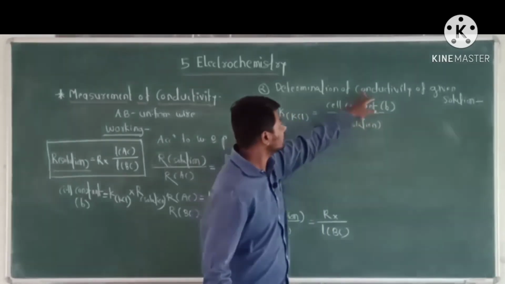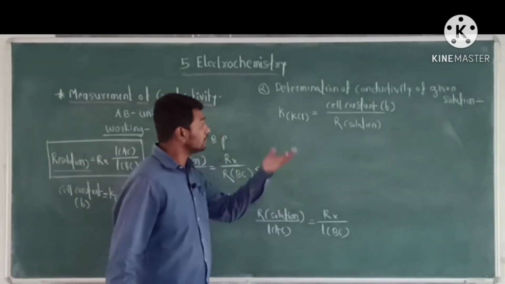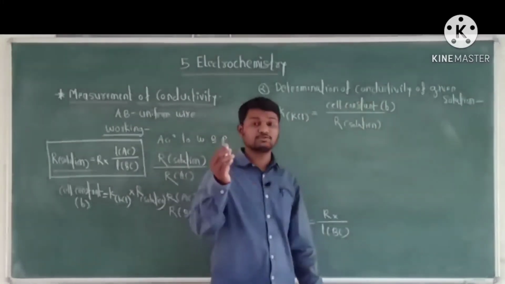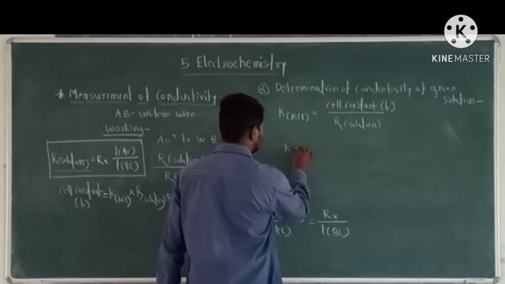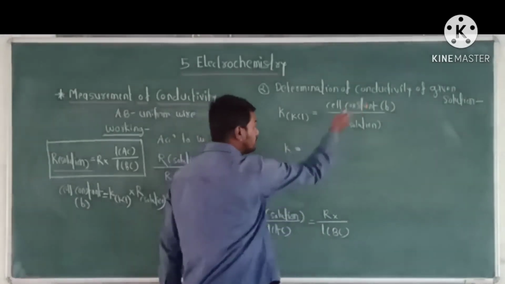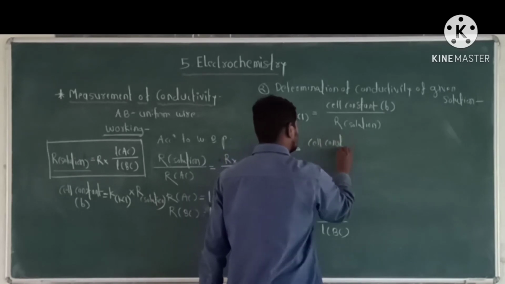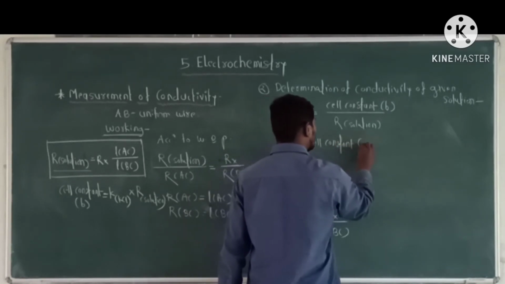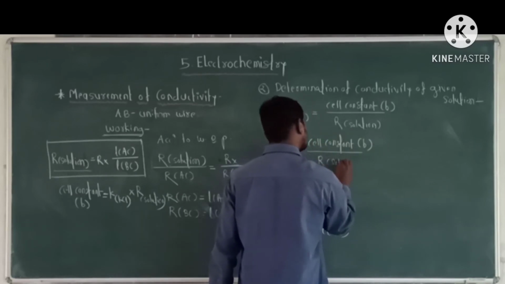Then determine the conductivity of the given solution using the formula: K, the conductivity of the given solution, is equal to cell constant B divided by resistance of solution.